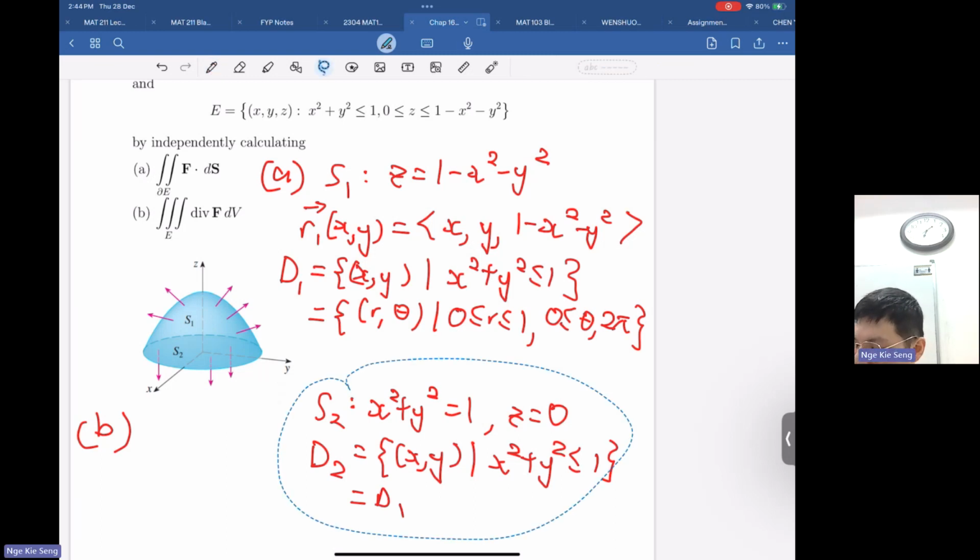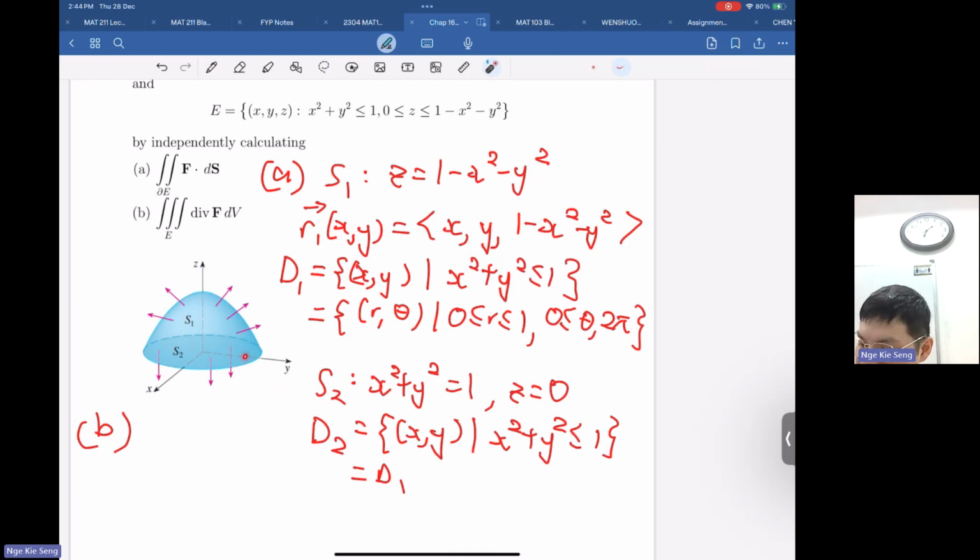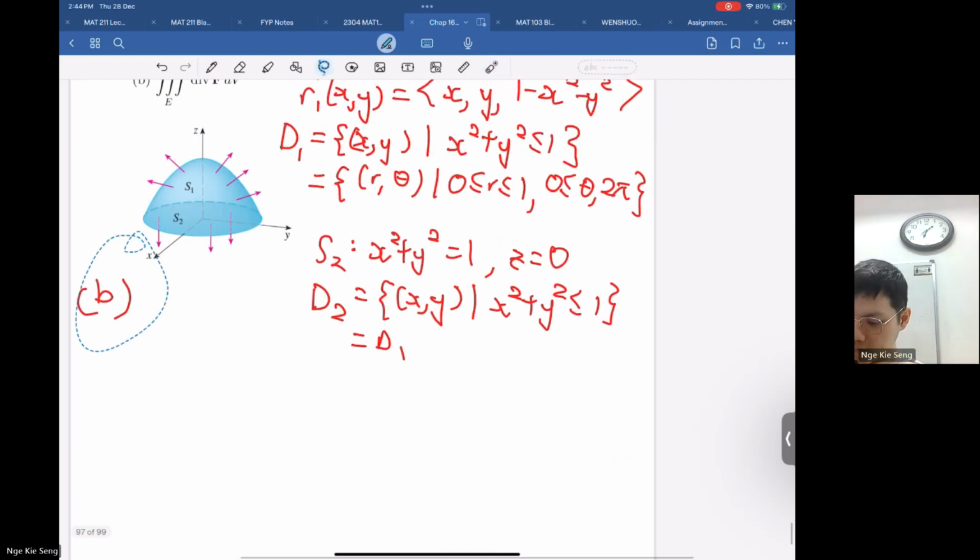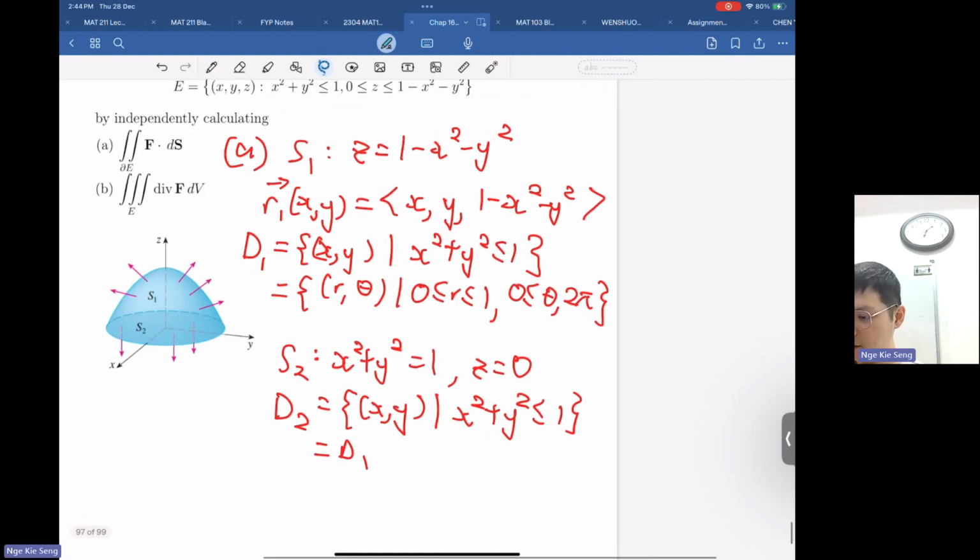So how should you imagine this picture here? You have a disk at the bottom, and then what's this surface? You lift the disk up. You associate a height to every point of the disk, and the height depends on x squared and y squared.